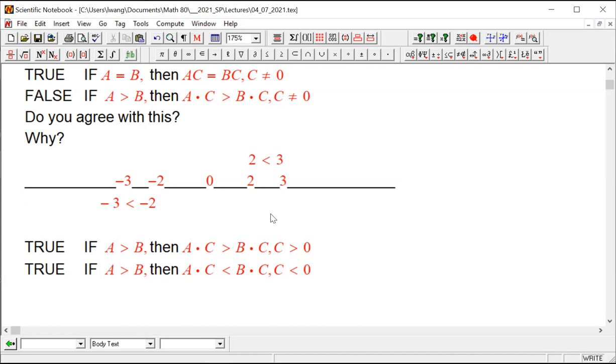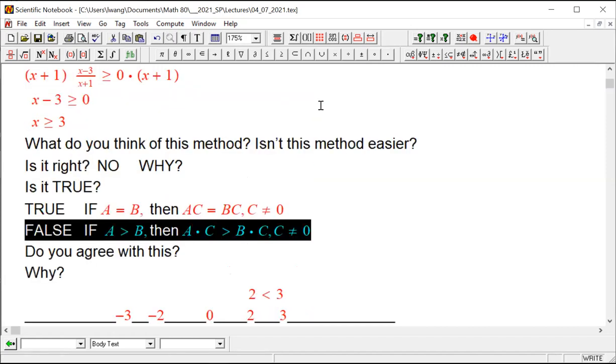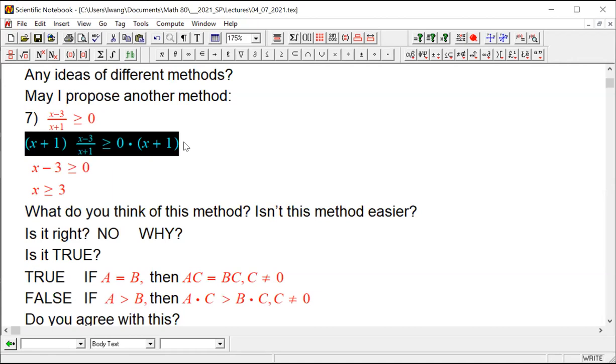The simple reason is on the number line. When you multiply the 2 numbers by a negative number, the direction is reversed. You guys follow me? So this is false, and that's why you cannot do this.